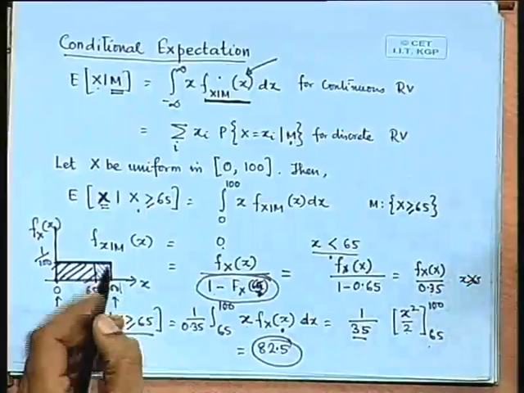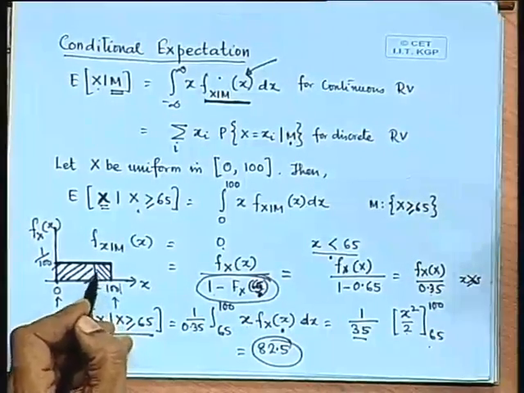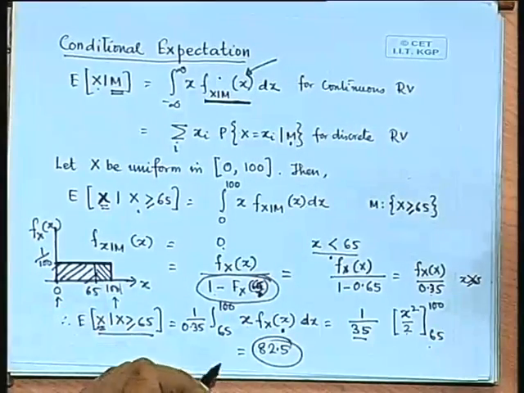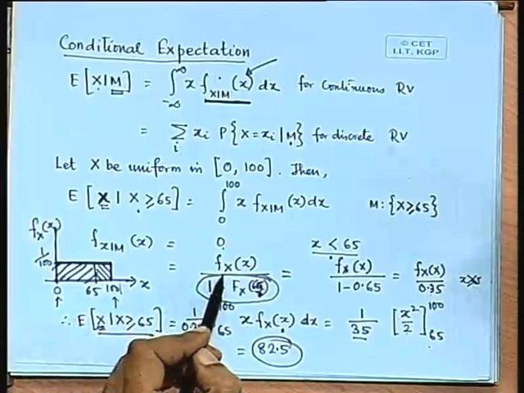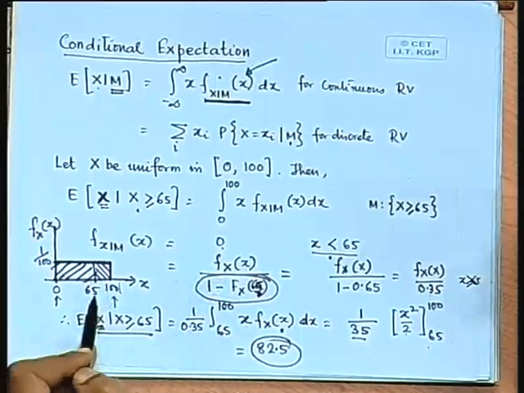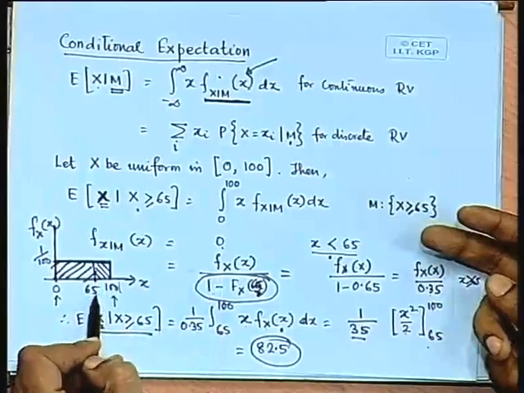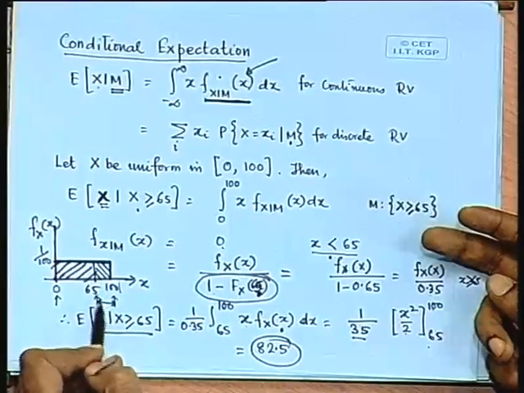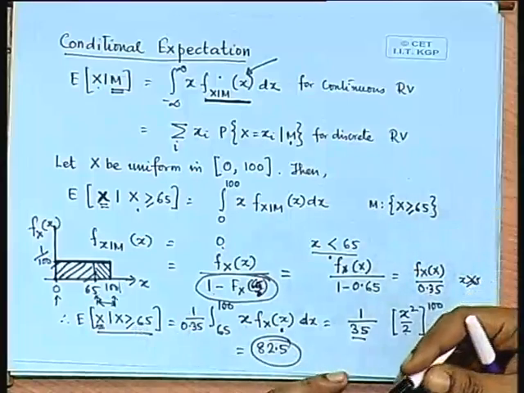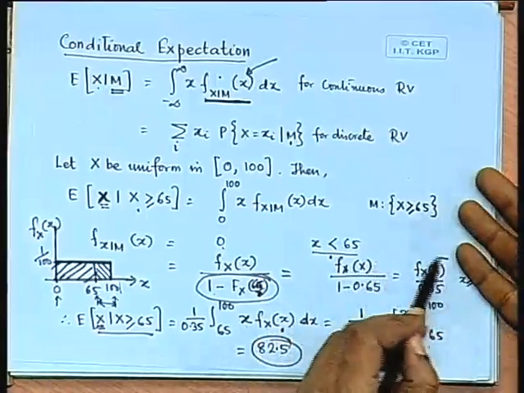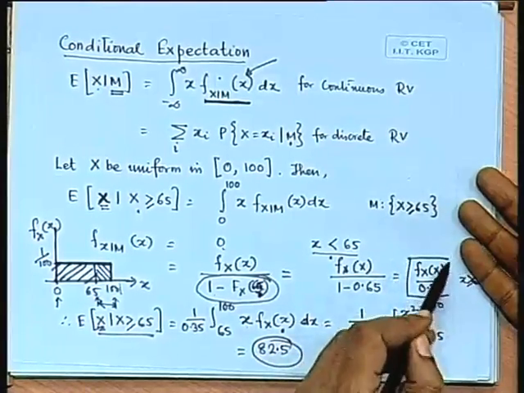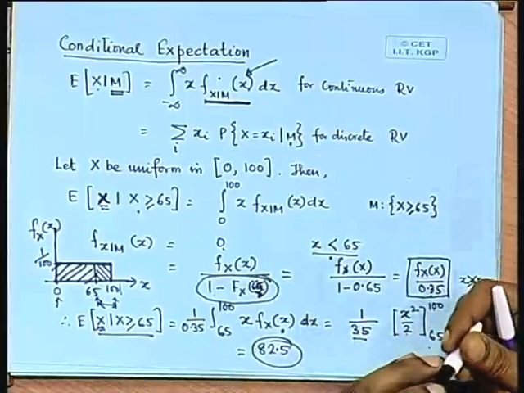So all the people we get are now from this region. The probability density function is going to be this divided by 0.35, because over this region the conditional density function must integrate to 1. So the conditional density function is going to be f of x by 0.35.